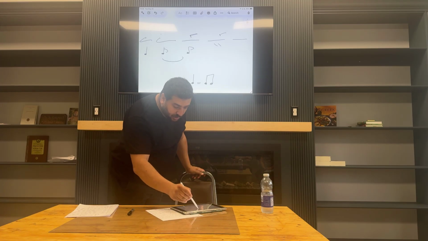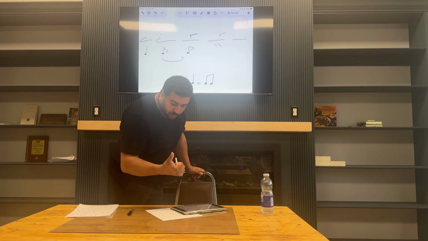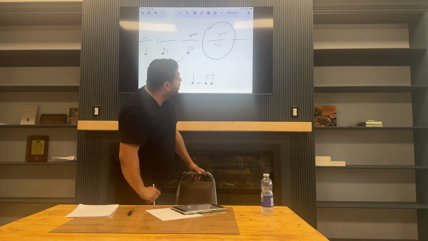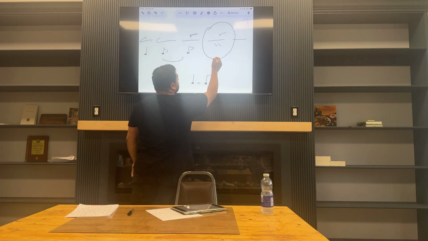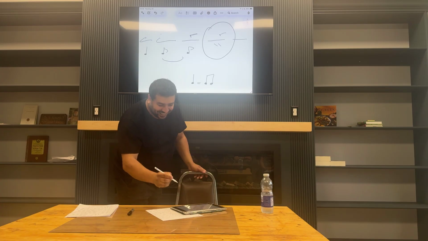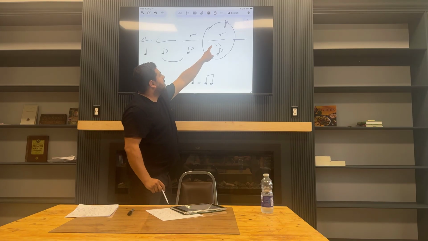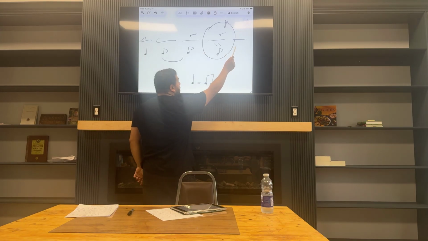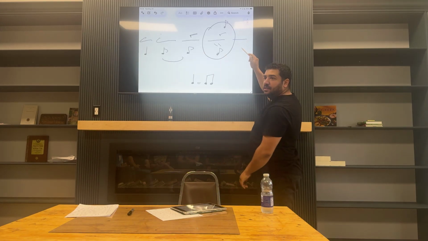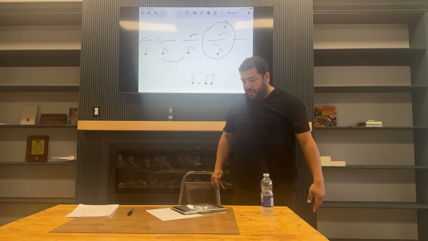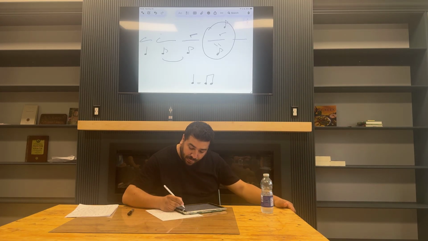Both of those would be half. This one would be half as well. And this one should be a quarter, just 1. Right? 1 beat.